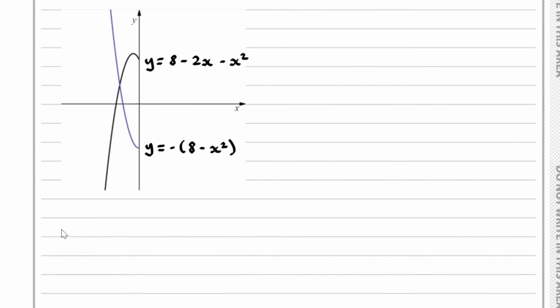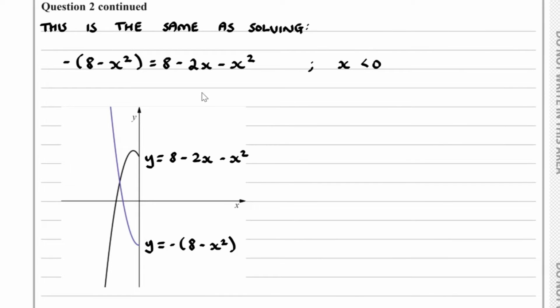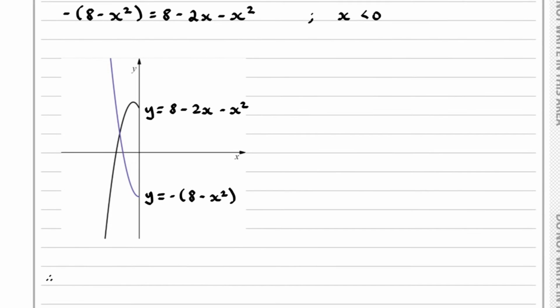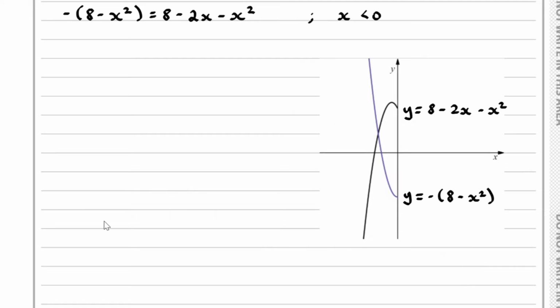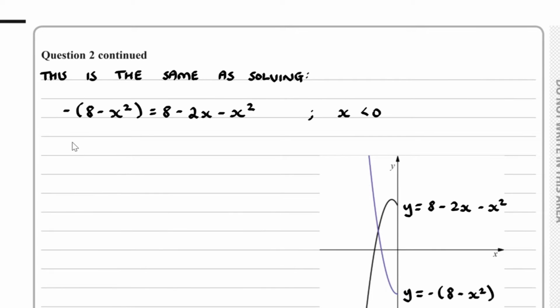So if I were to simplify the result here, perhaps if we move this to this side and then solve, we've got x squared minus 8 equals 8 minus 2x minus x squared, 2x squared plus 2x minus 16 equals 0.